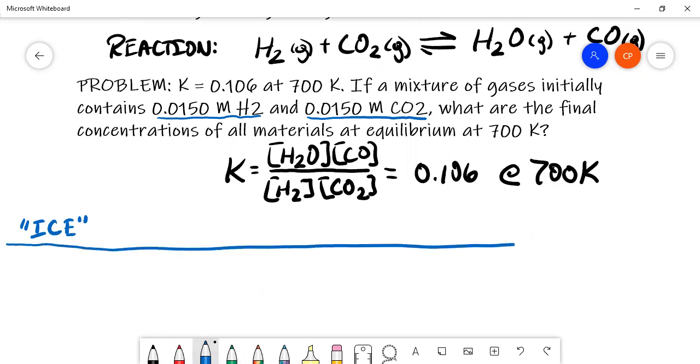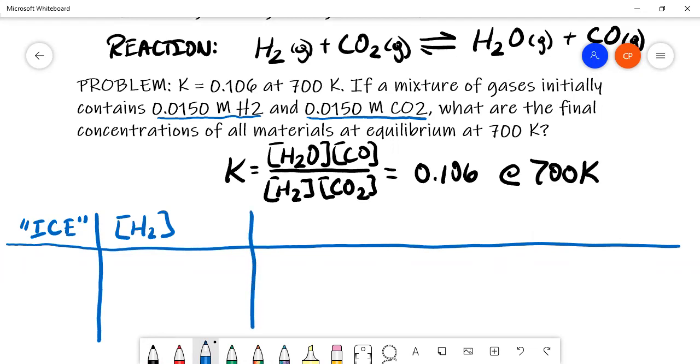And I'm going to build another ice table for this reaction. Now, I've got 4 different quantities involved in the reaction this time. And so I need 4 columns in my ice table this time. 1 column for H2. And 1 column for CO2.